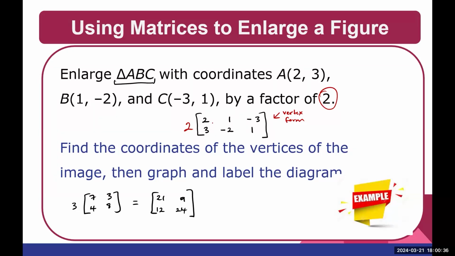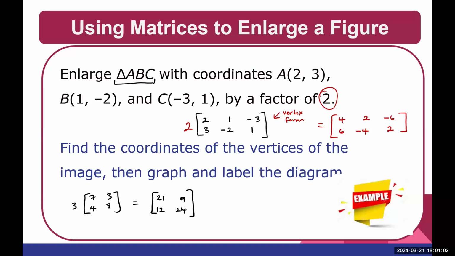So if we multiply this entire matrix by 2, what is our result? 2 times 2 is 4, 2 times 1 is 2, 2 times negative 3 is negative 6, and so on, giving 4, 2, -6 on the top and 6, -4, 2 on the bottom. And this would be our answer.